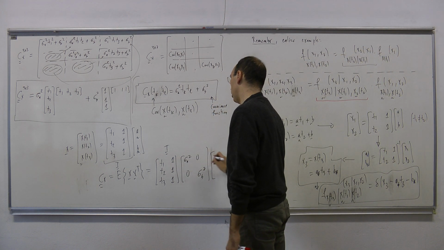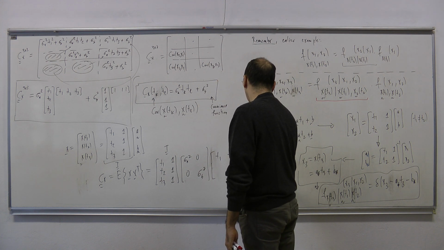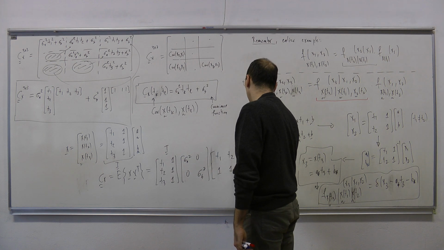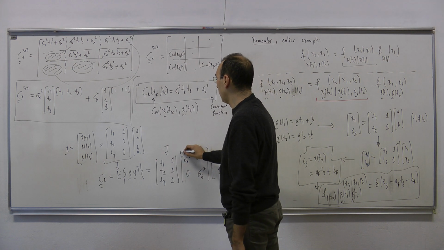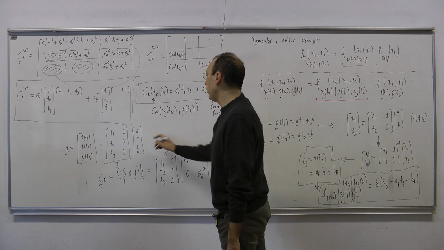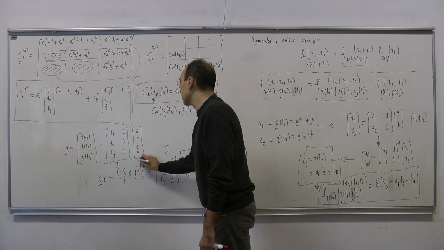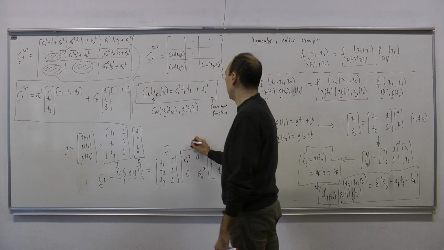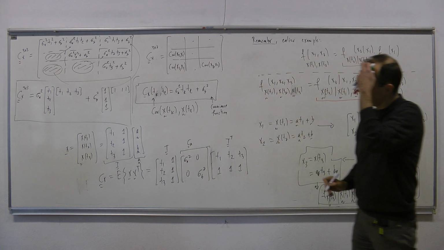This is T1, T2, T3, and I have 1, 1, 1s over here. So what is this? This is the T matrix transpose. What is this one? This is the covariance matrix of this vector. Let me call this the A vector, so this is CA.